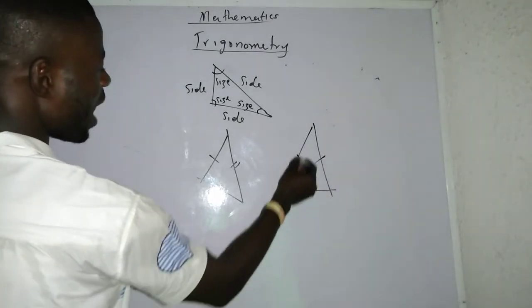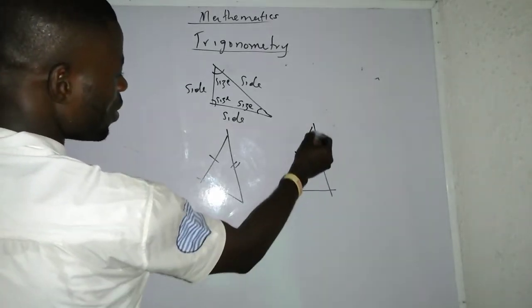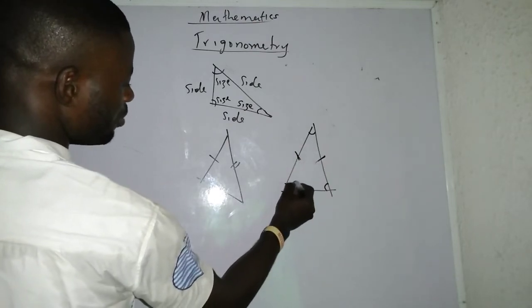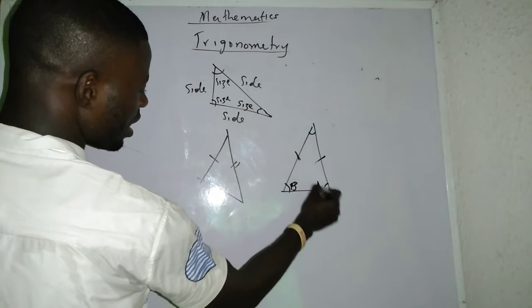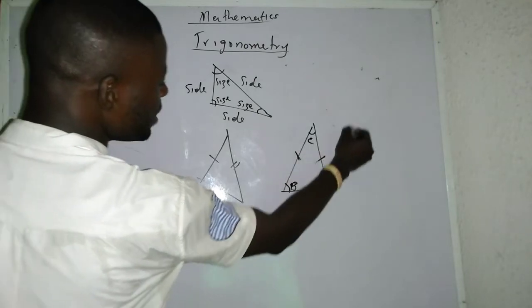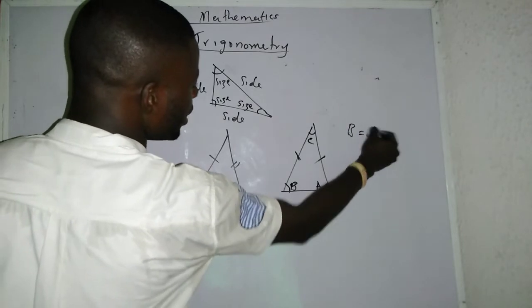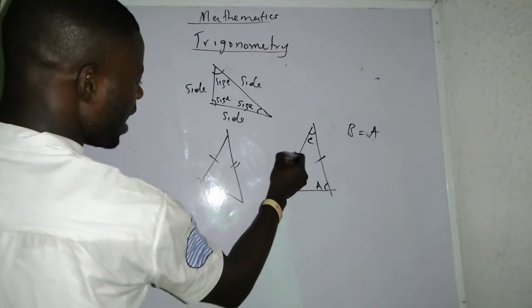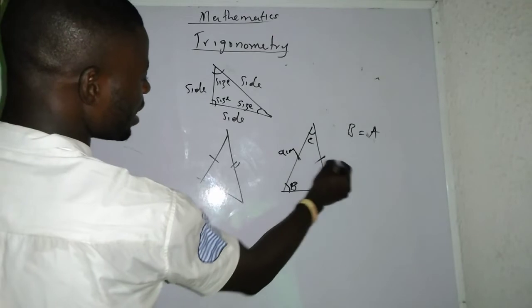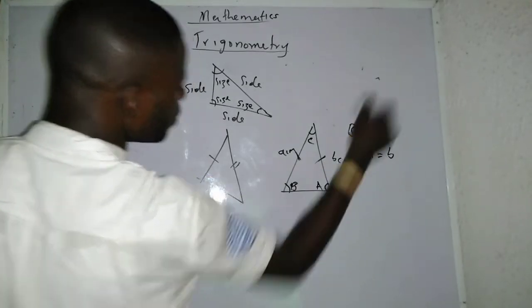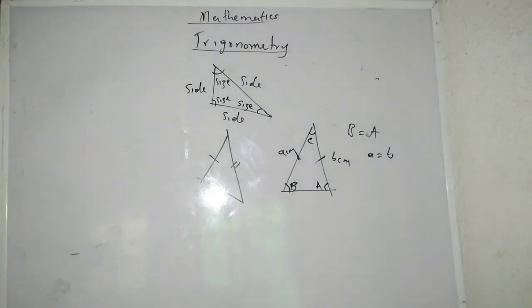The two sides are equal. This angle is B, this is A, this is C. It means B equals A. Why? If I have A centimeters here and A centimeters here, it means two angles and two sides are equal.